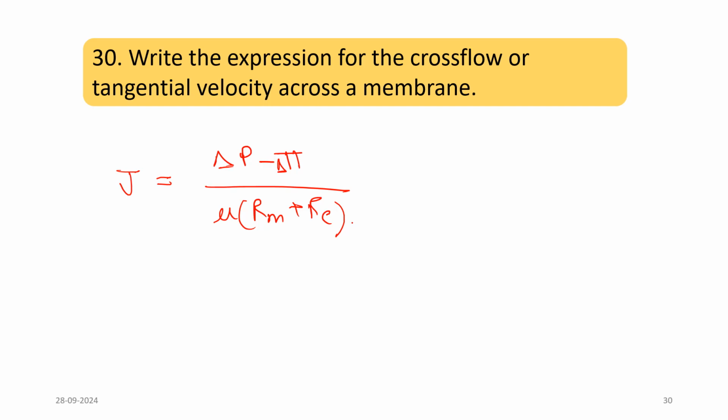So it will lead to J = ΔP / (μRm). So the membrane equation for pressure-driven membrane separation is ΔP / (μRm) in case of a pure solvent or any pure liquid.